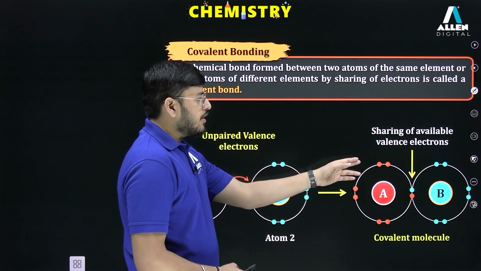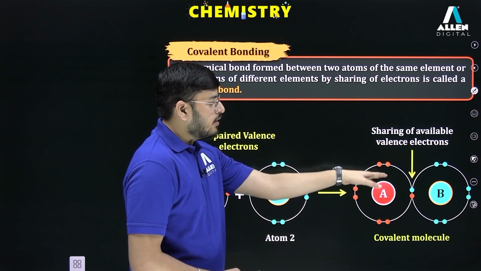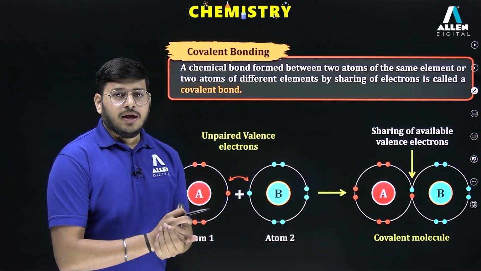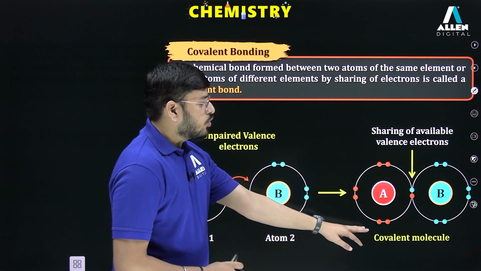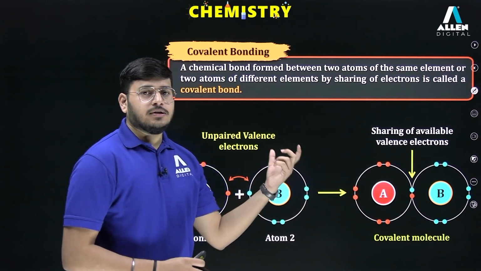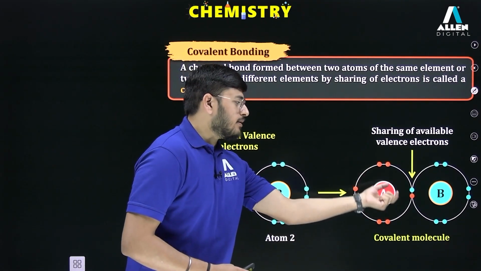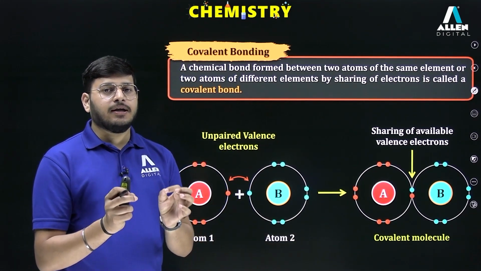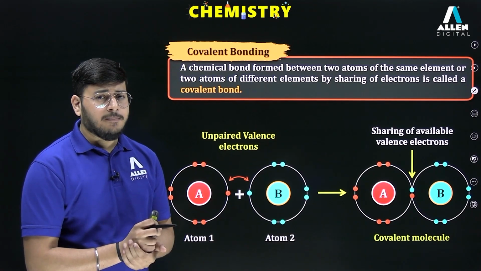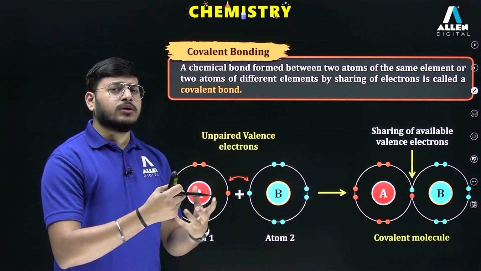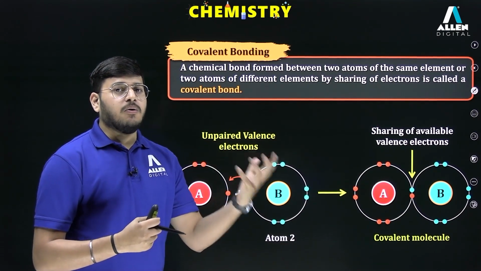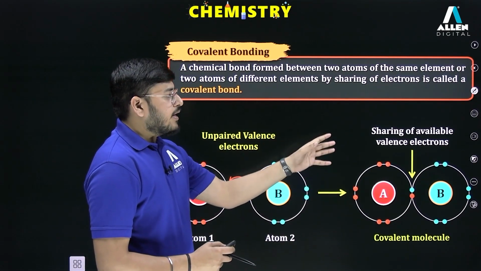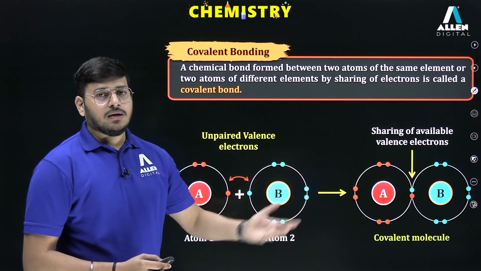Here, the available valence electron, 1 electron, is shared by adjacent atoms, so a covalent bond is created between the two. Equal sharing of the electron is done; only then is a covalent bond formed between the two, and it is called a covalent molecule or compound.